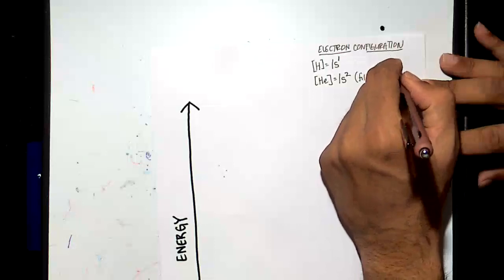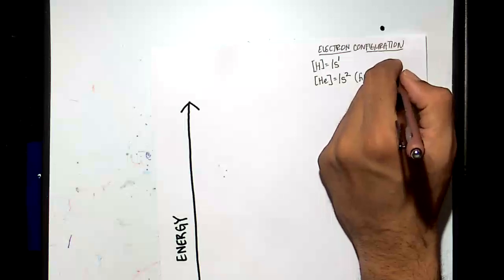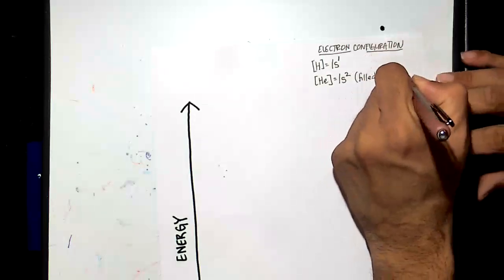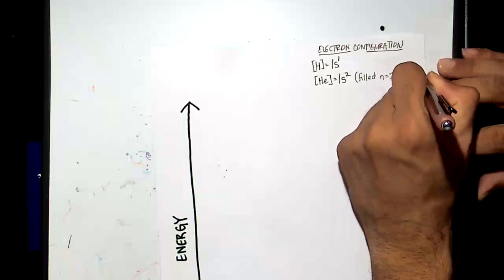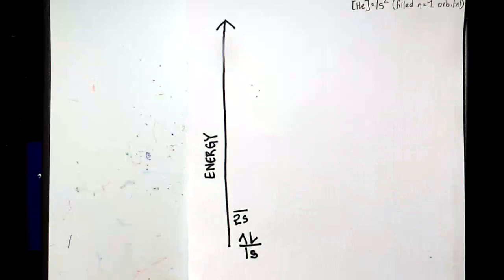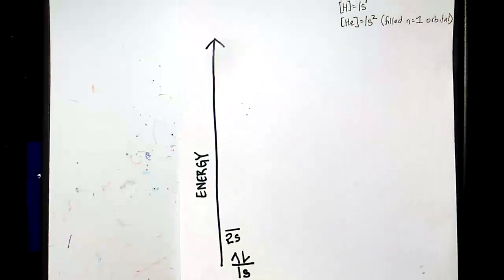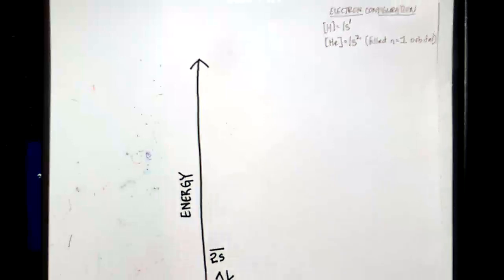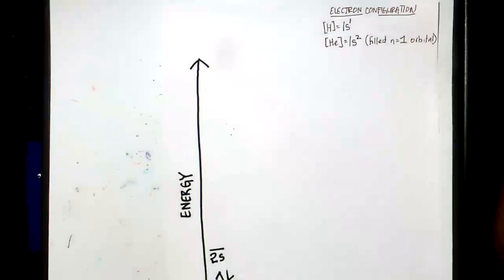If it's filled, we say helium is content. Helium is what is called a noble gas. There's no reason to pick up another electron or lose another electron. It's a noble gas because it's filled its valence. The valence for helium is 2. So it's happy, helium at 1s2.